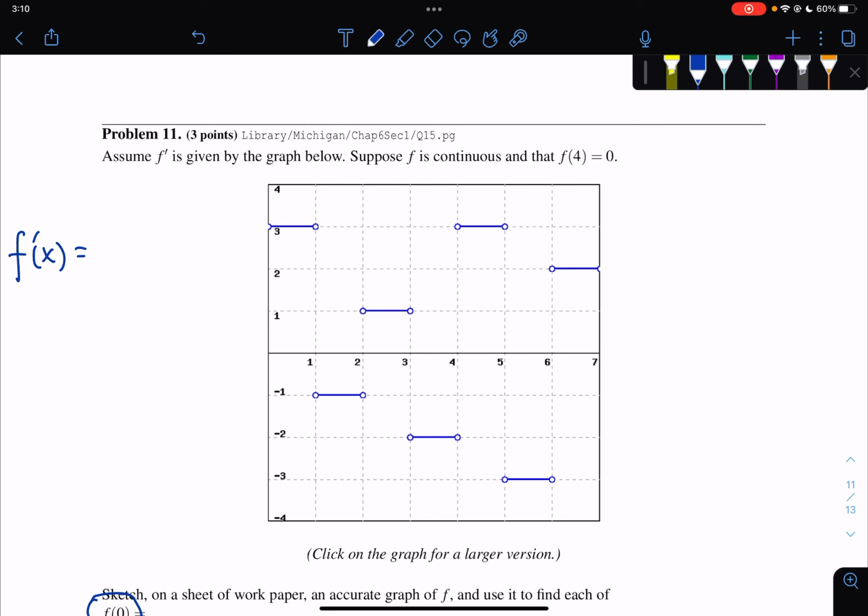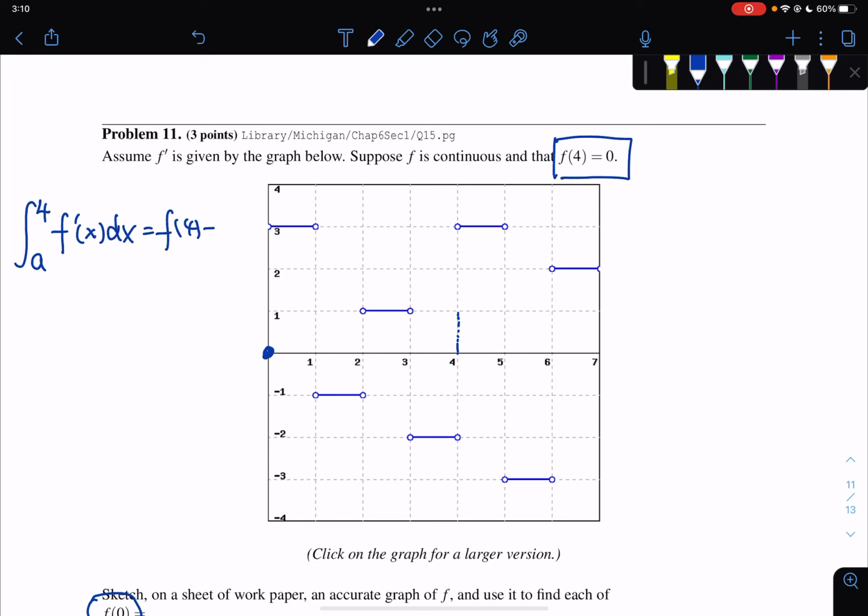Well, what I know for now is my function at this piece, f of 4 is 0. And I'm looking for what's going on at this point. So I want to move backwards. According to the fundamental theorem of calculus, the integration from point a up to 4 of f prime of x dx is supposed to be f of 4 minus f of a.